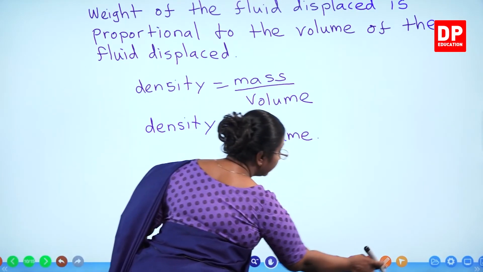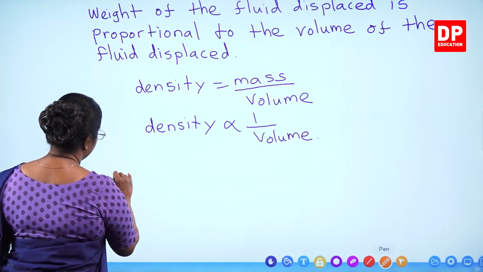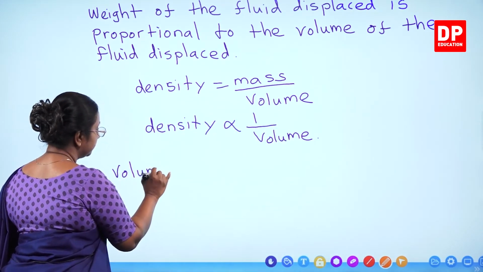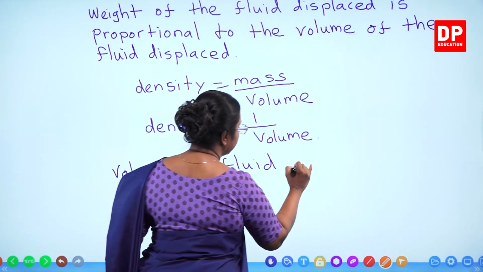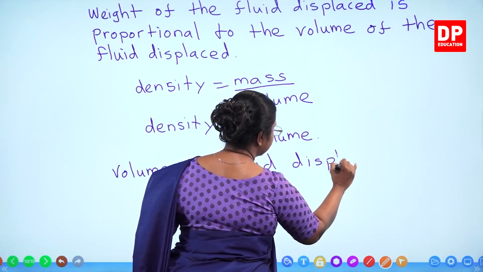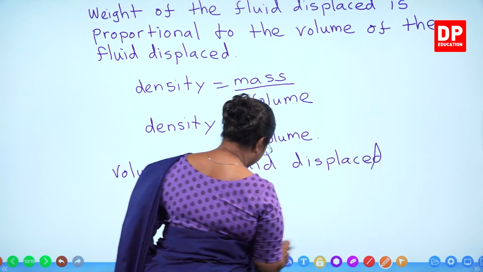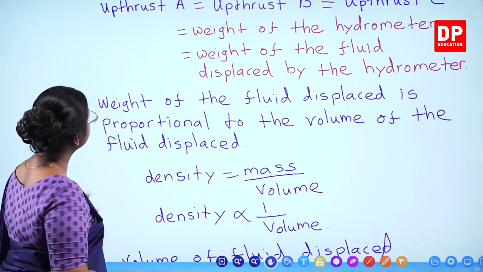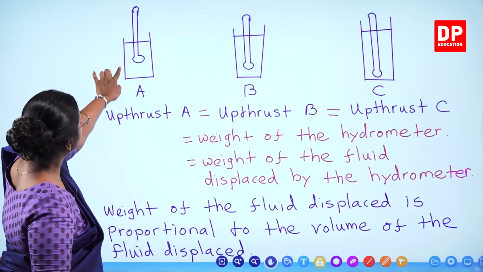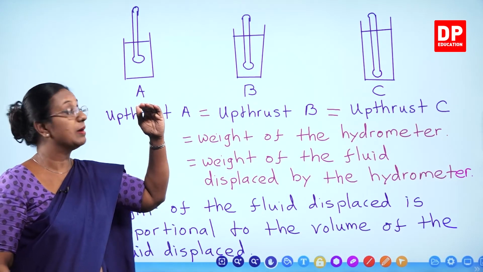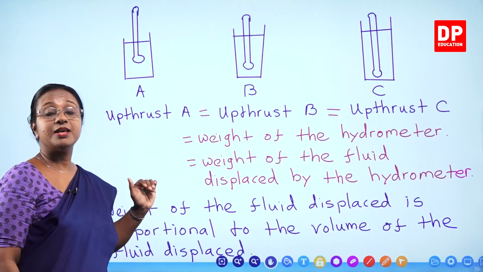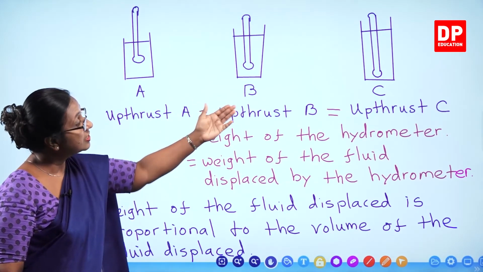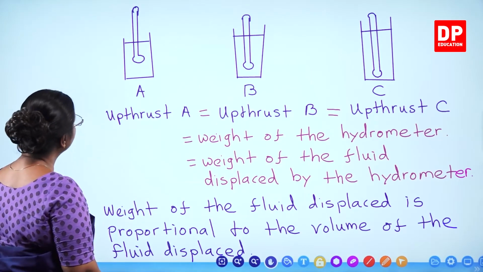So in all three instances, the volume of fluid displaced, if you look at the diagrams that I showed you all before, here you can see this is way above. This is somewhat in the middle. In C, the hydrometer has gone down, so that displaces more fluid or more liquid.